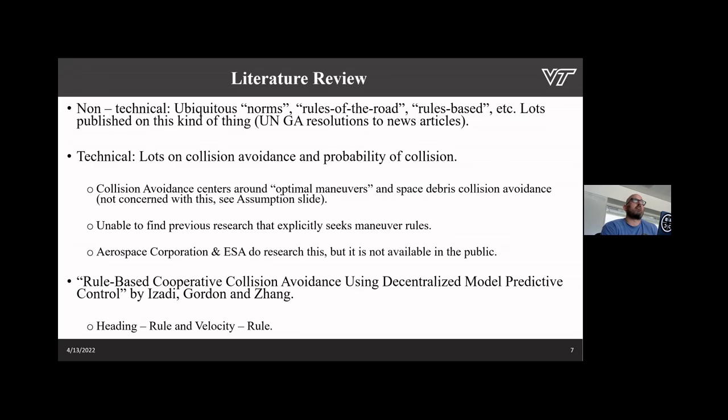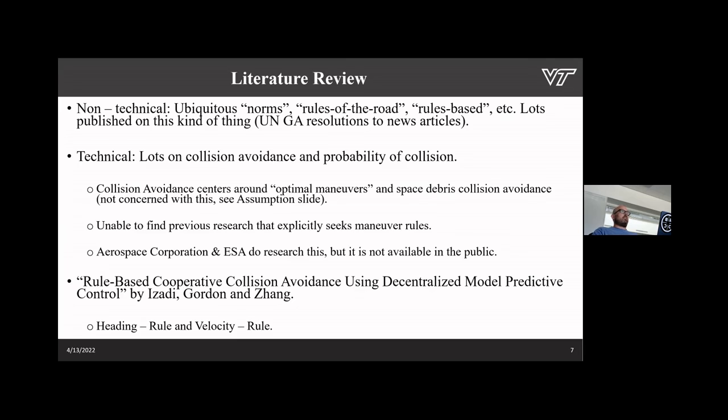They talk about how we have to establish norms, rules of the road, a rules-based system in orbit too, so you prevent collisions and avoid the Kessler syndrome. It's from UN General Assembly resolutions to news articles. So it's a big topic, something that needs to be solved.